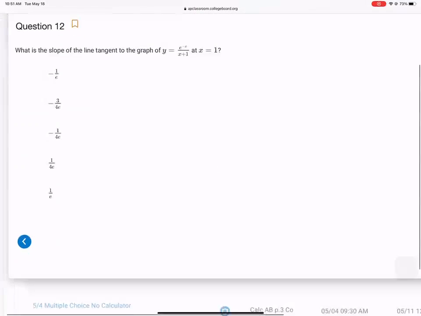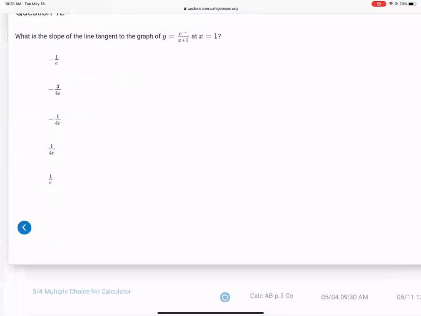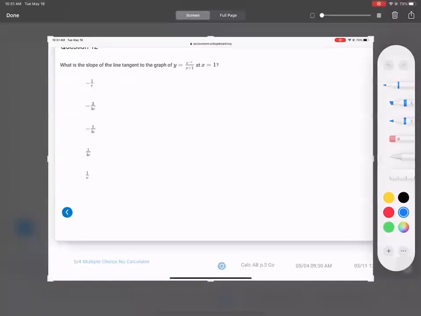y prime. This looks kind of terrible, but it's just quotient rule. So derivative of the top, e to the negative x, negative 1, leave the bottom alone, minus the bottom. Derivative of bottom is just 1, e to the negative x, all over x plus 1 squared.